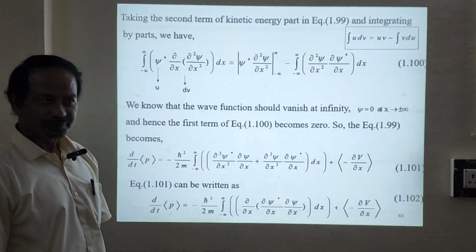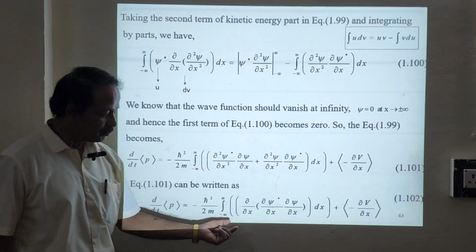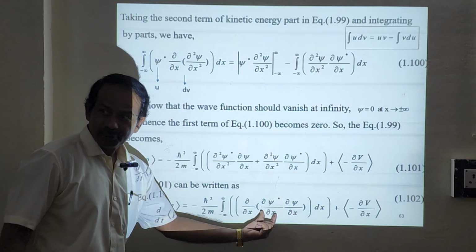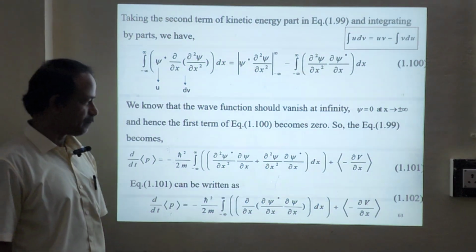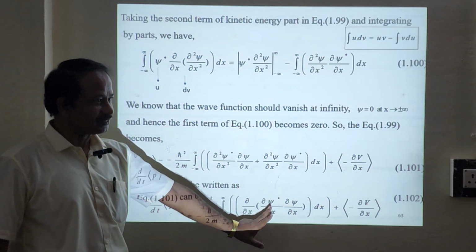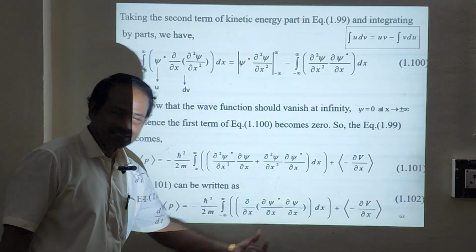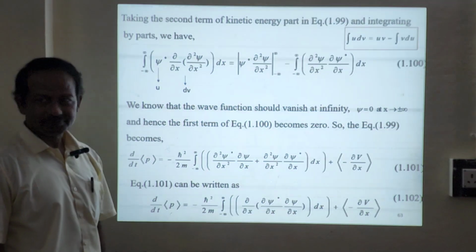Is it okay? What does it mean? Keeping this as constant, you have to differentiate this. Then next time, keeping this as constant, you have to differentiate this. It is correct only. This is the uv method: you have to differentiate these two.